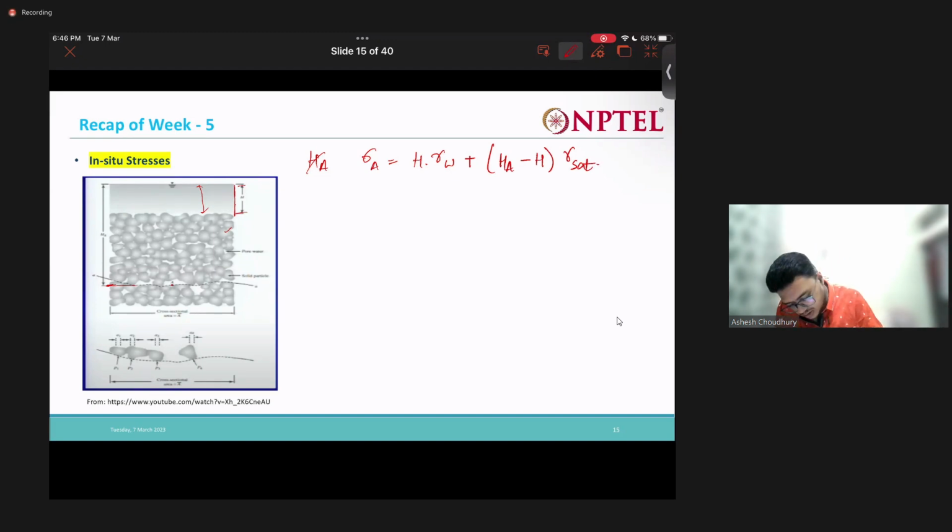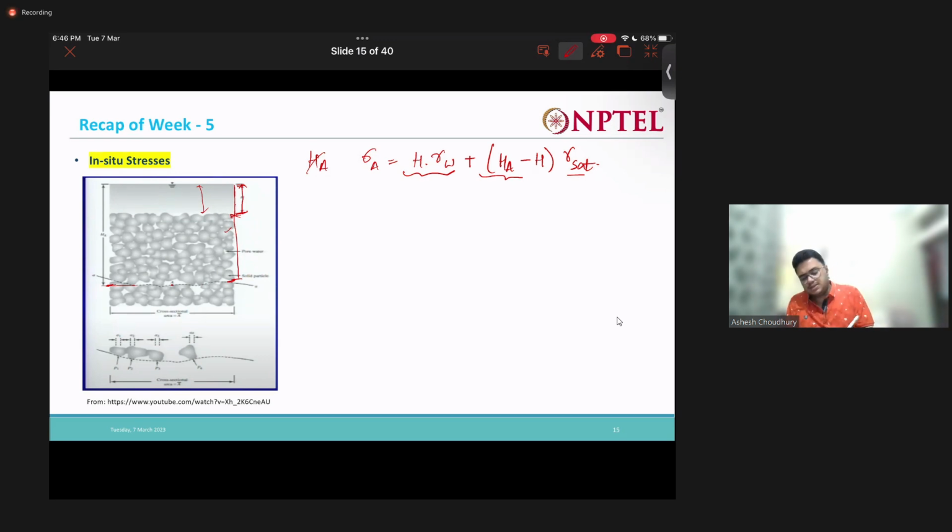So this is the weight due to this water column plus the weight due to this soil column. H into gamma W plus HA minus H, meaning this length, into the saturated unit weight of the soil.